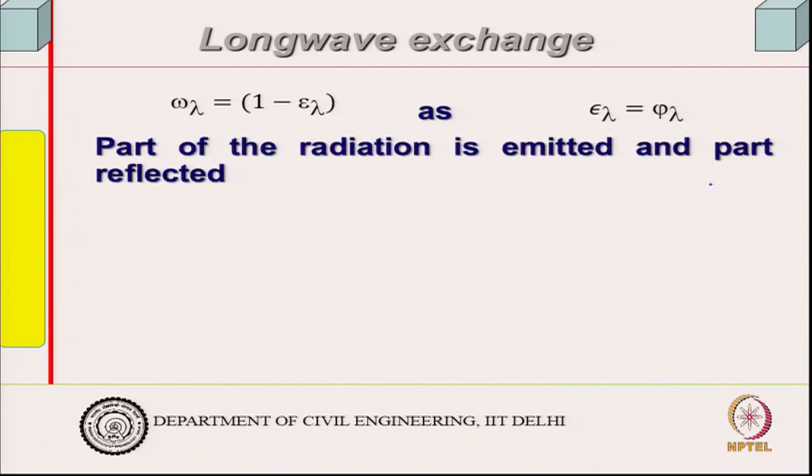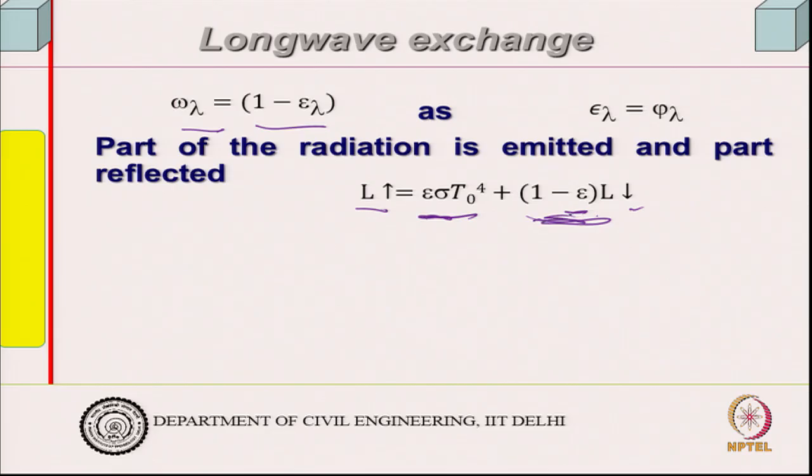So, part of the radiation is emitted and part is reflected. We can write this for the long wave radiation which is going out: part is radiated back, part is reflected, and we have seen reflectivity is 1 minus this. So this is the long wave emissivity, and whatever is coming in, 1 minus that will be reflected back.